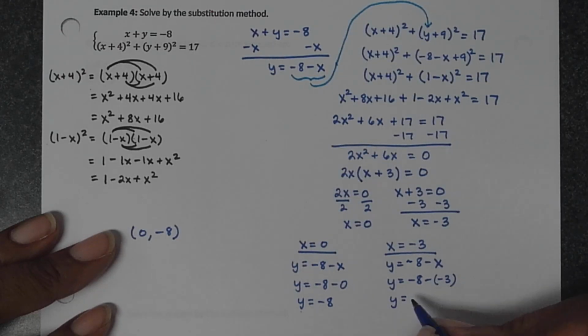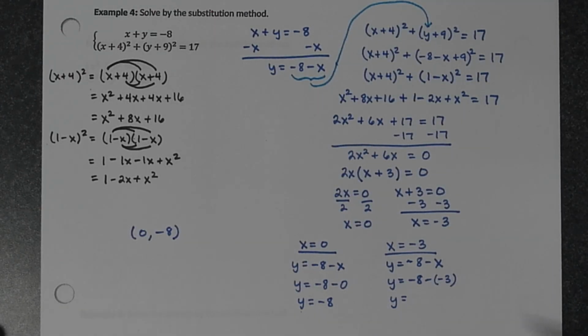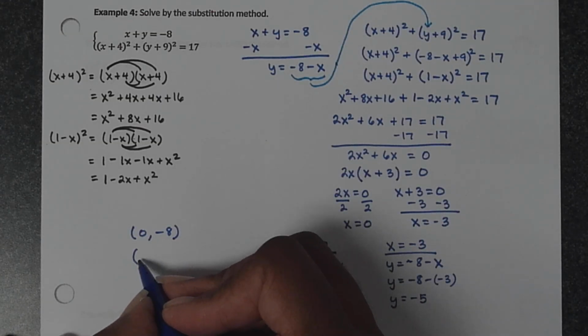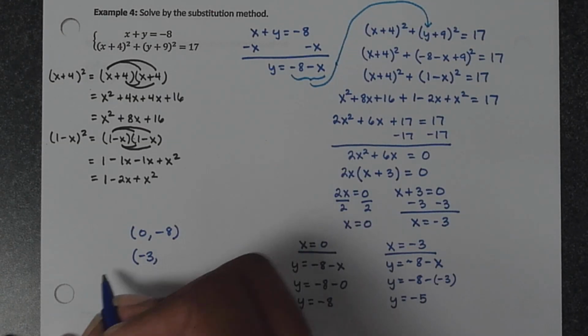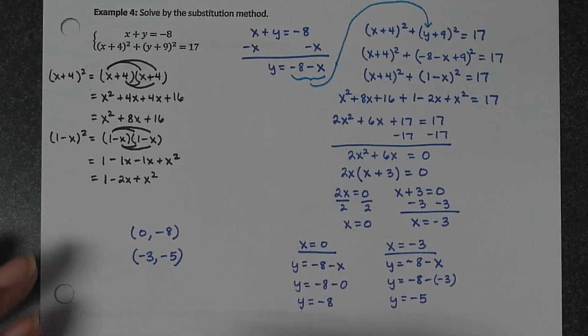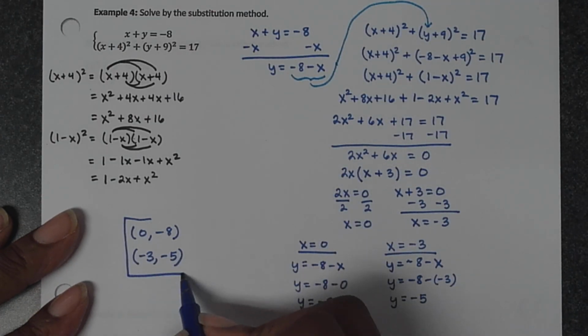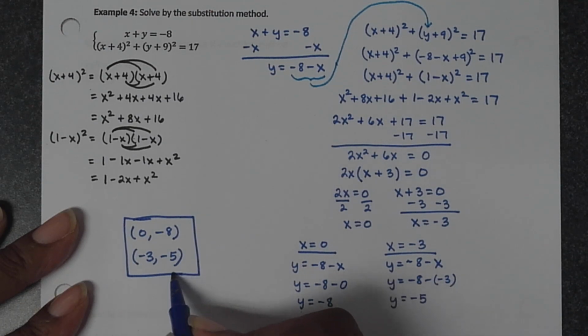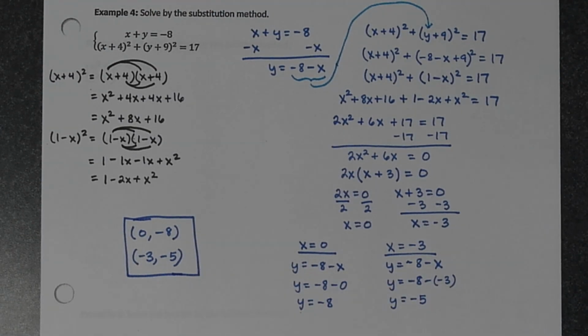And if you do negative 8 minus a negative 3, you'll end up with negative 5. So when x is negative 3, my y value will be negative 5. And these are the two ordered pairs that will satisfy this nonlinear system of equations here: 0, negative 8, and negative 3, negative 5.